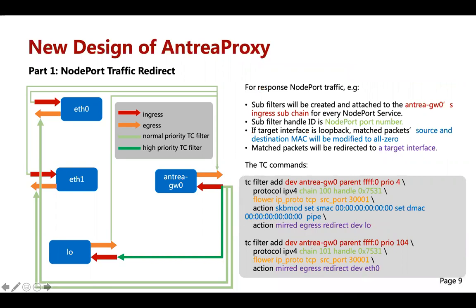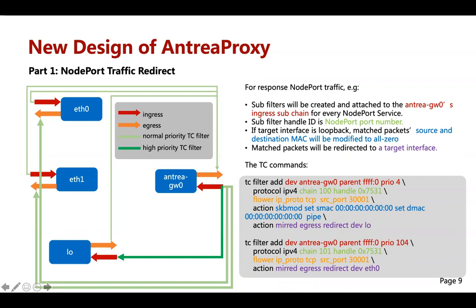Okay. Next, the subchain is where the second layer filters are located. When a NodePort is created, the filter will be created and attached to the subchain. The filter matches the packets according to the source port, and the action is to redirect the matched response traffic to the interface where the request traffic is from.